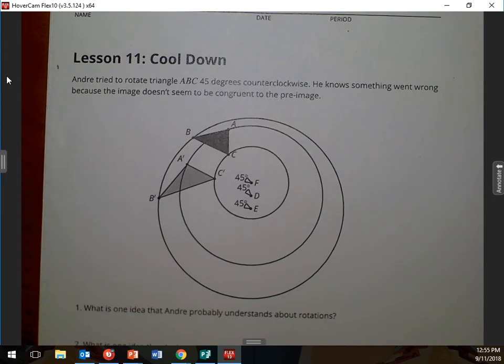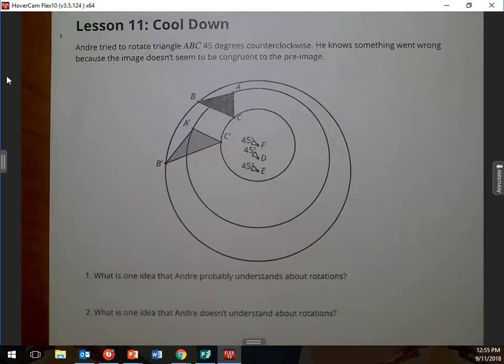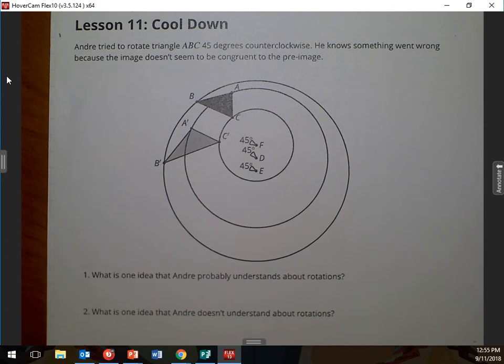Okay, cool down 22. Listen up please. It says, Andre tried to rotate triangle ABC 45 degrees counterclockwise. He knows something is wrong because his image doesn't seem to be congruent to the pre-image.